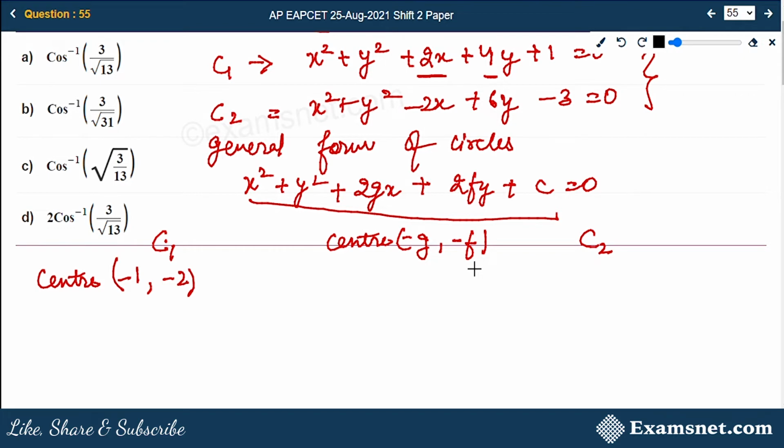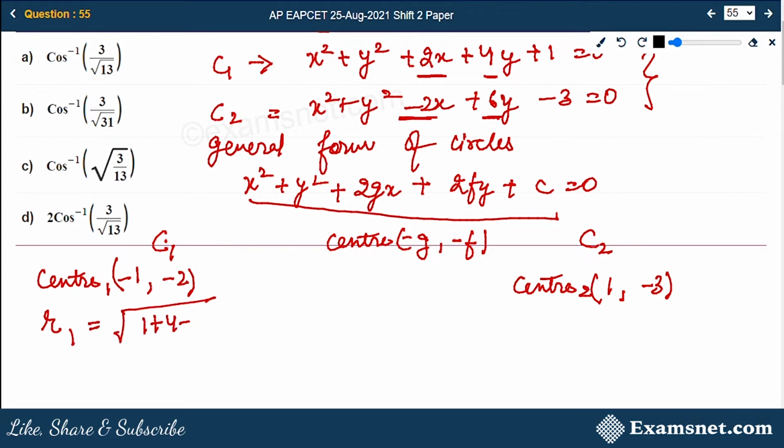And for the second circle, the center is 1, comma, minus f, which is minus 3. This is center 1, this is center 2, and this is radius 1. Radius 1 is the square root of 1 plus 4 minus 1, which is equal to 2.